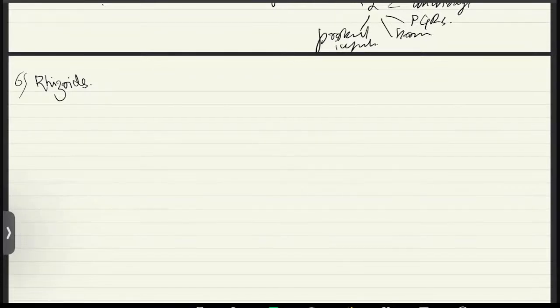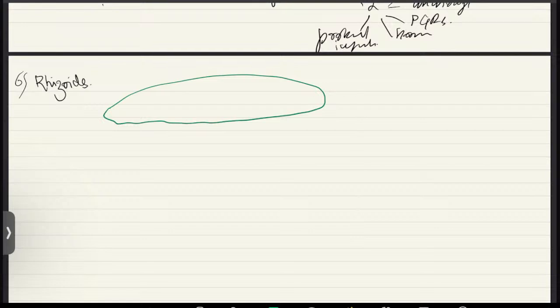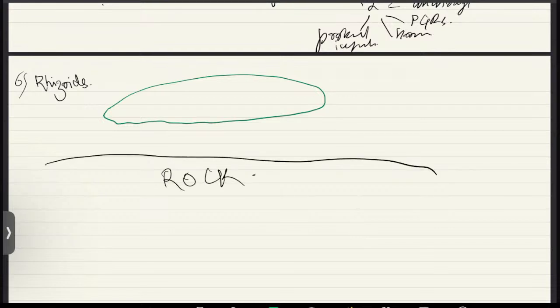Now, let's go into a bit more detail about rhizoids. What happens is, suppose this is the plant body. And here is the rock. This is a rock. And a moss has to grow on this rock. Now, how will the moss first attach itself to the rock?